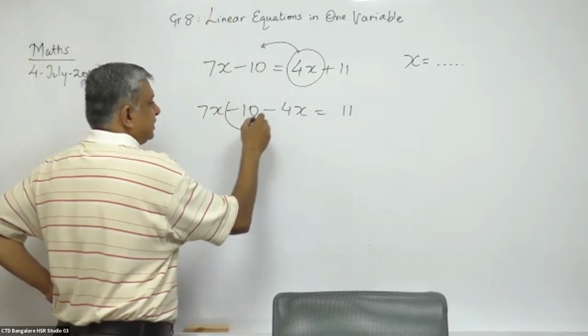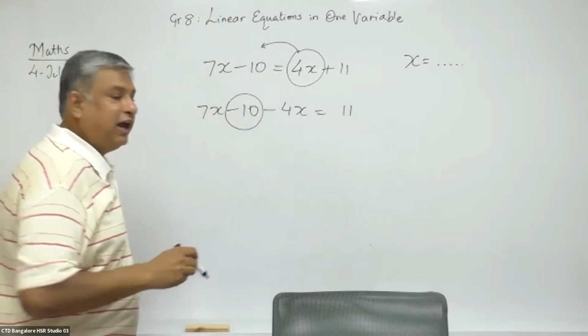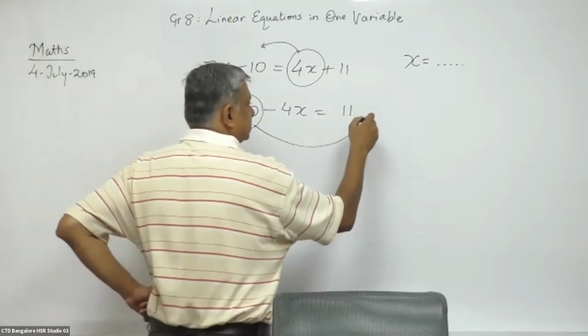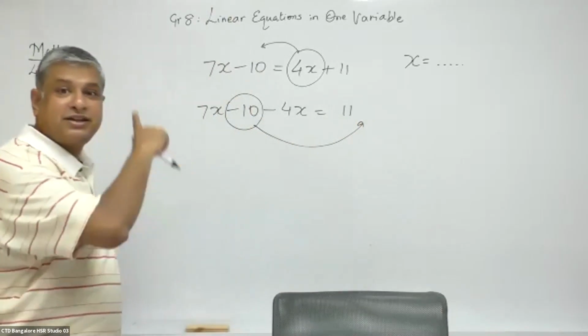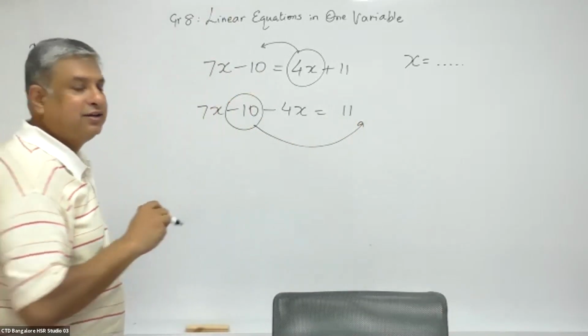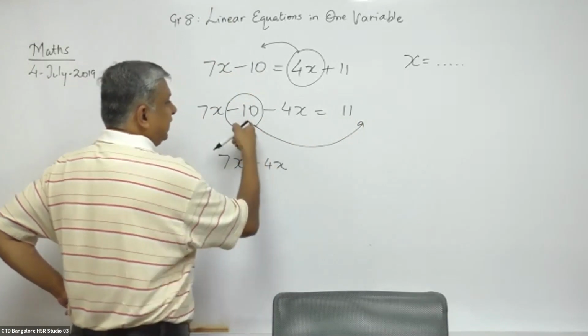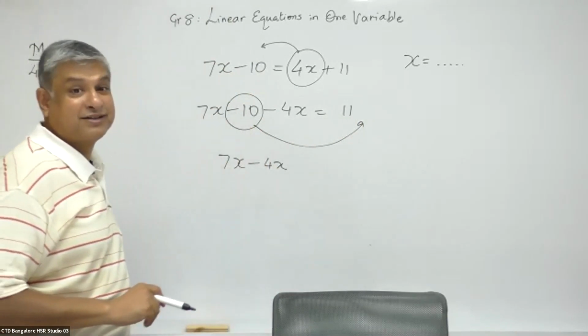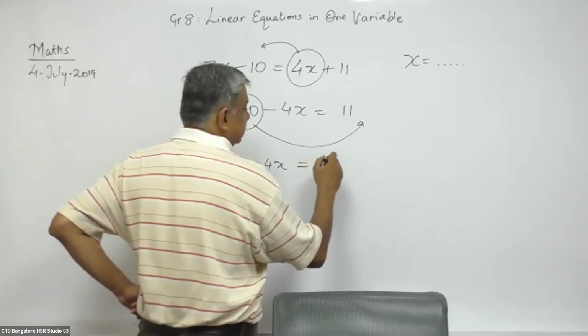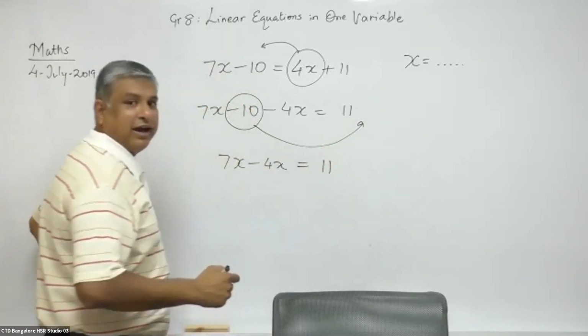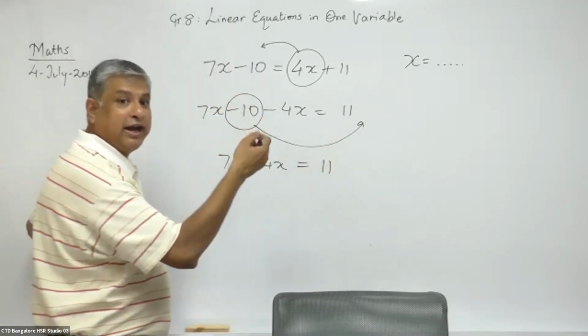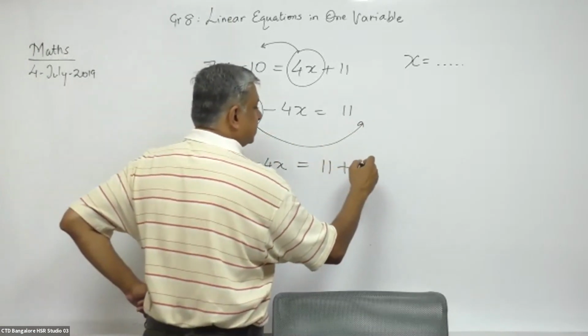There is a minus 10 constant sitting here. And we'll make minus 10 jump across to this side. So when minus 10 jumps, what do we get? 7x minus 4x. See, 10 has gone from here. And this side we had 11, and now 10 comes and adds to this. So it becomes plus 10.